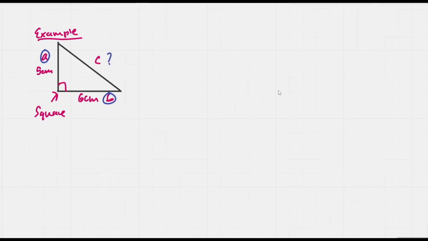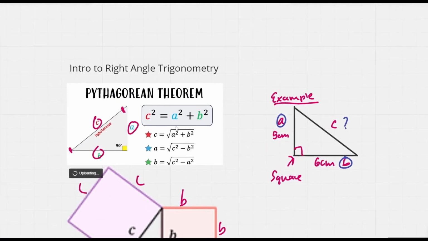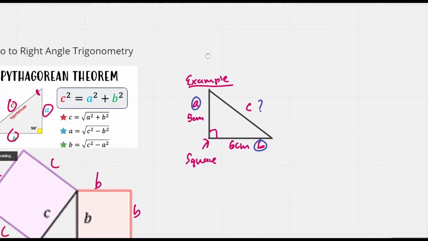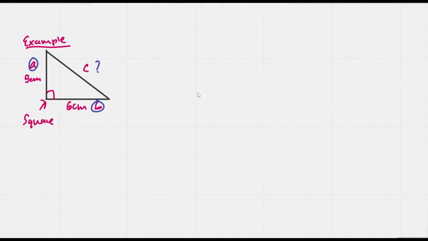So to figure it out, we can go back and see that the formula is C is equal to the square root of A squared plus B squared. We can state that A in this case is equal to 5 centimeters and B is equal to 6 centimeters, as they have given us those values. Let's plug it in.